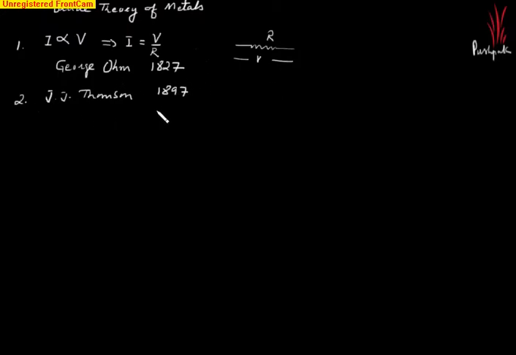So when J.J. Thomson discovered electron, then this interest of finding the reason of the electric current in the metal wire was on increase.